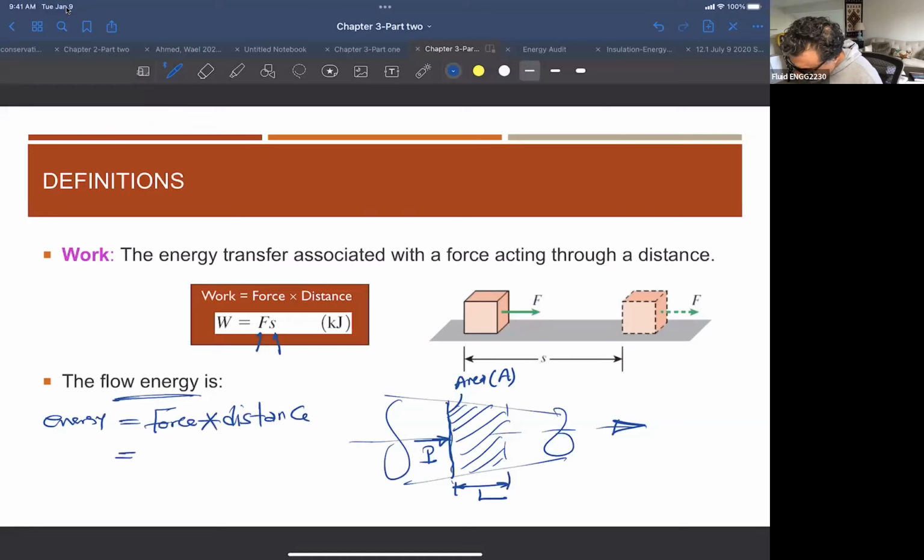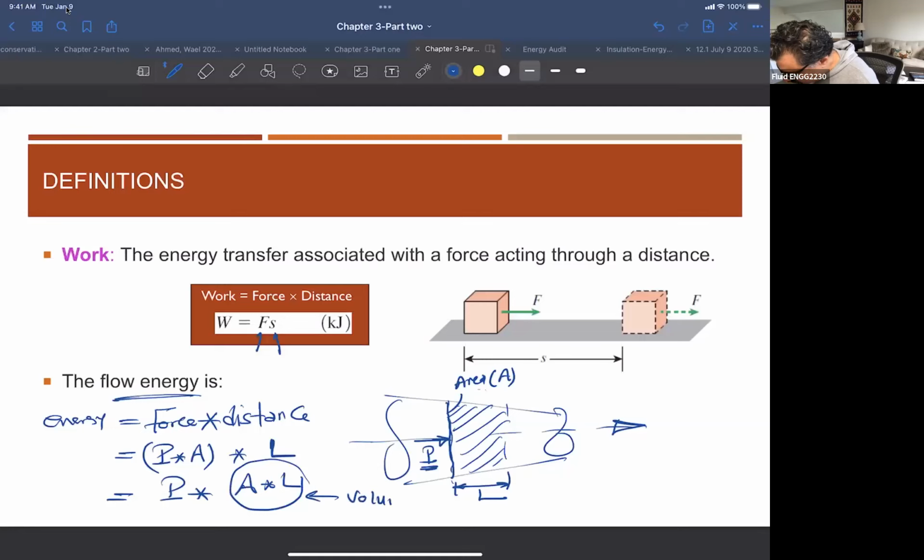This force, if I have the pressure and the area, is pressure times area, times the distance L. So I can say this is pressure times A times L, and A times L is volume, which means that pressure times volume is energy, okay?